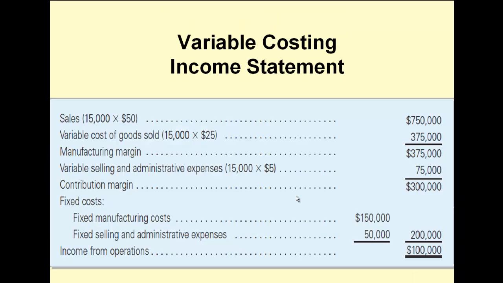And that's because the amount of units produced was the same as the amount sold. So our sales is going to be the same thing here. We still sold 15,000 units at $50 apiece. Our variable cost of goods sold, we sold 15,000 units, didn't we?